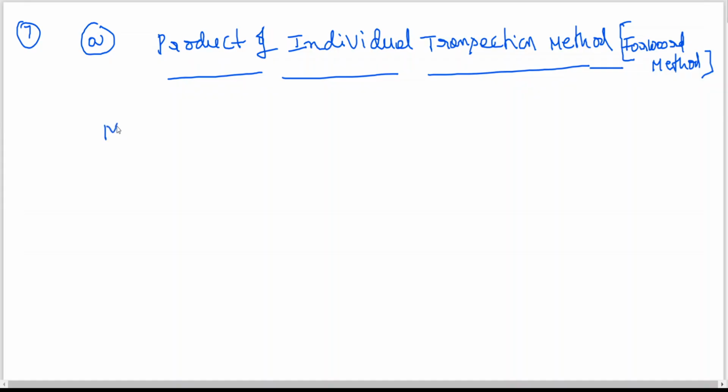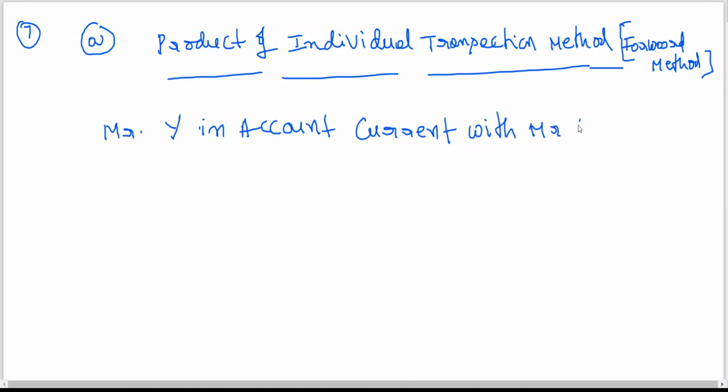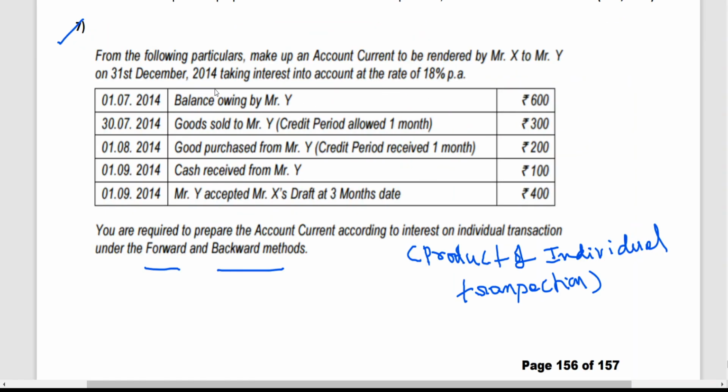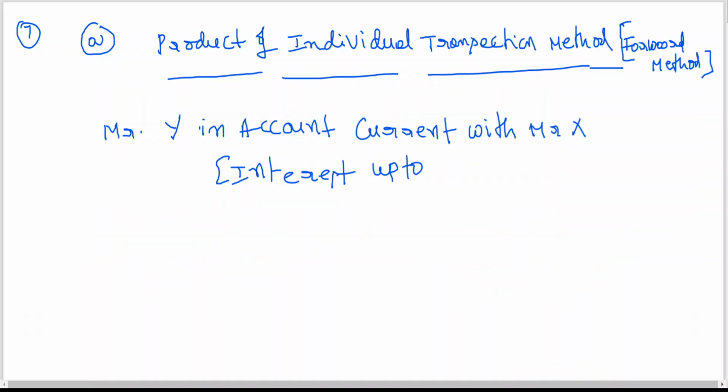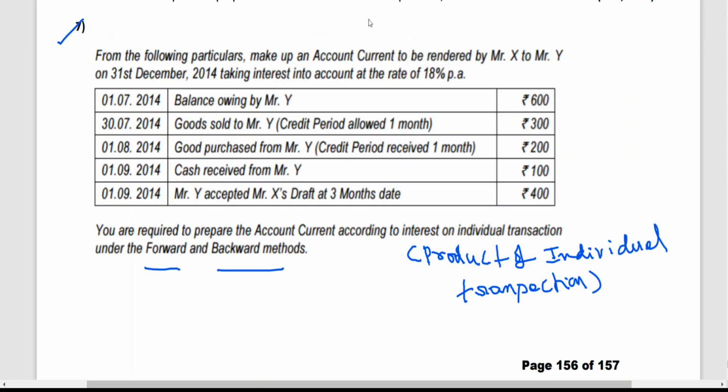The heading: Mr. Y in account current with Mr. X. Interest up to 31st December 2014, which is the date we got here, at the rate that has been given, 18% per annum.